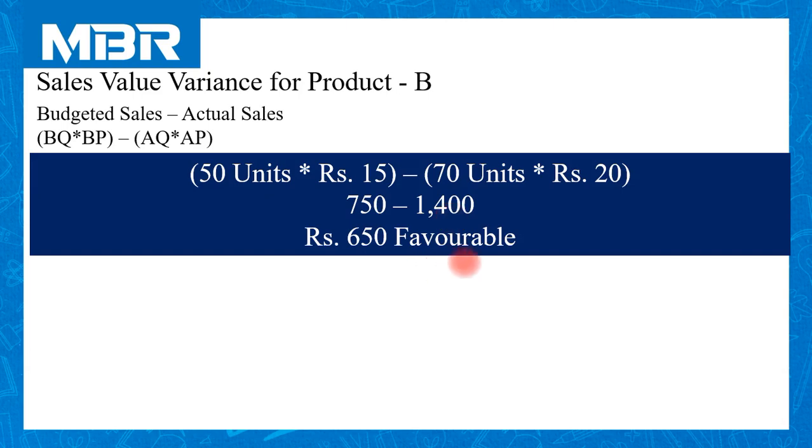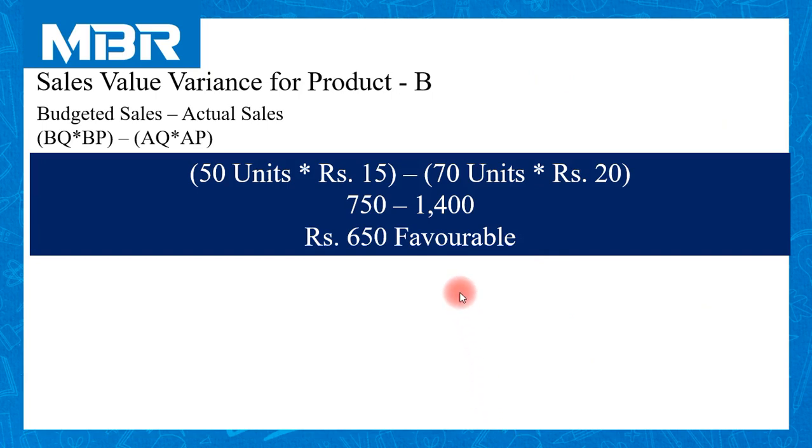So total difference 650 favorable. As compared to budgeted sales of product B rupees 750, we have actually sold for rupees 1400. So here our sales increased by rupees 650. So it is a positive sign for the company.